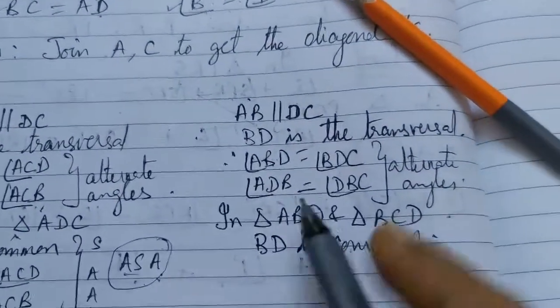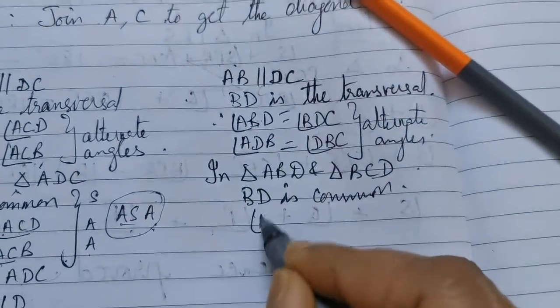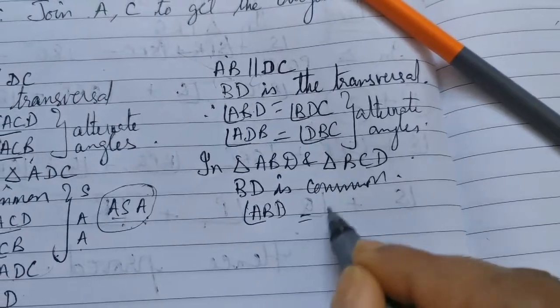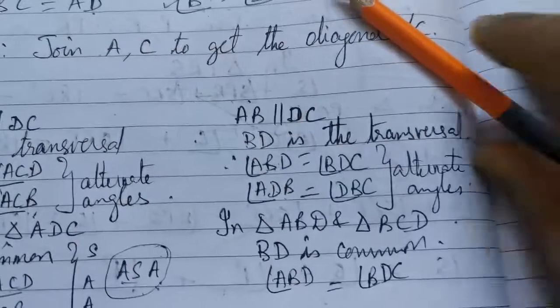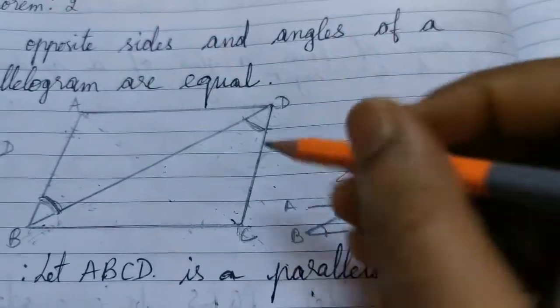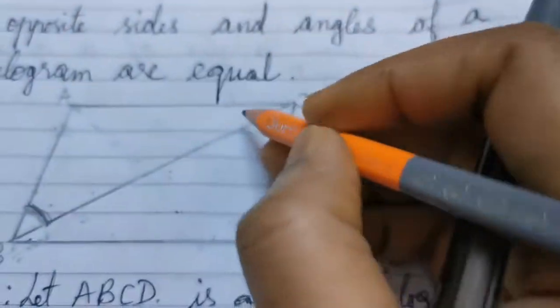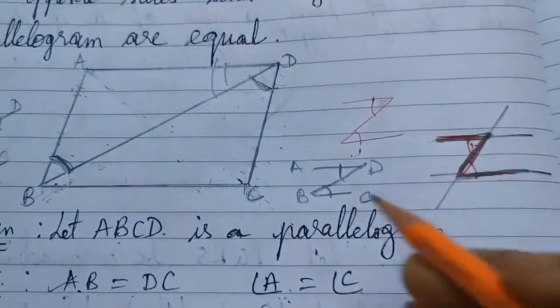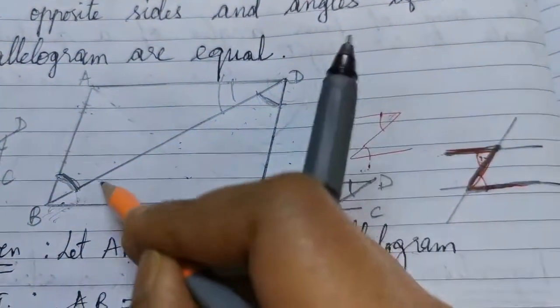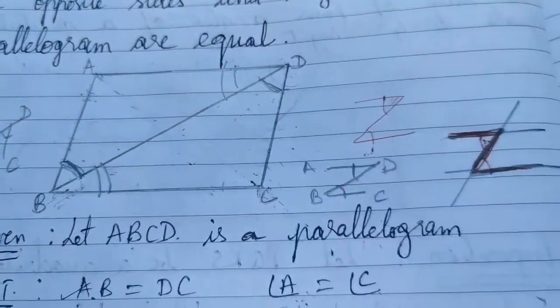So I'm writing it down. Angle ABD is equal to angle BDC, and the other two, ADB is here and DBC is here. These two are equal.